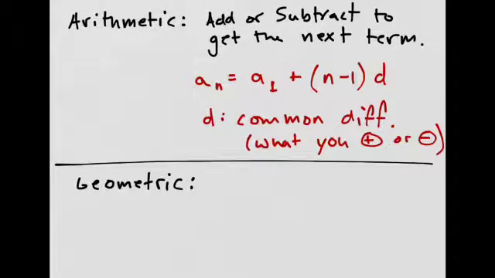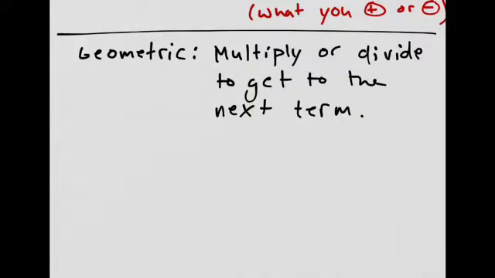Okay. For geometric, we're going to be multiplying or dividing to get each next term. So we multiply or divide to get to the next term, and the formula starts out a sub n, because it's still the nth term. We can still plug in an n value and figure out what term. Like if we plug in 31, we're getting the 31st term.